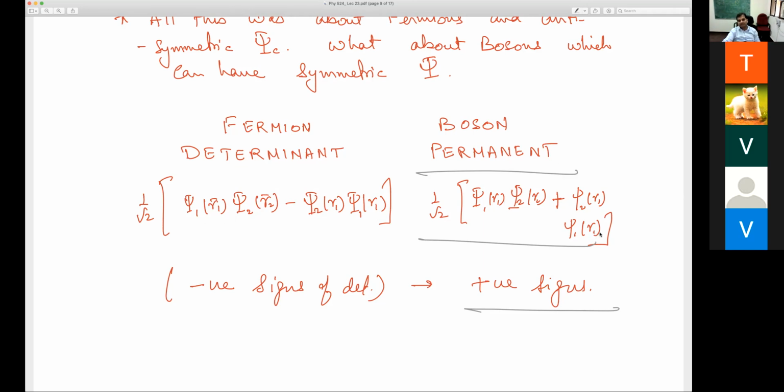Here I had a minus sign, here I should have a plus sign. So I'll just take all the minus signs and force them to be plus signs by hand. And that defines what is called a permanent. So determinant and permanent. That's the bosonic multi-particle wave function if you need it.